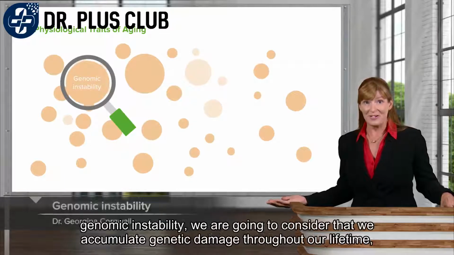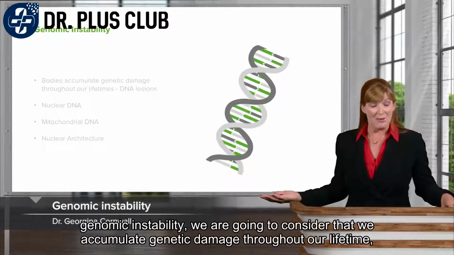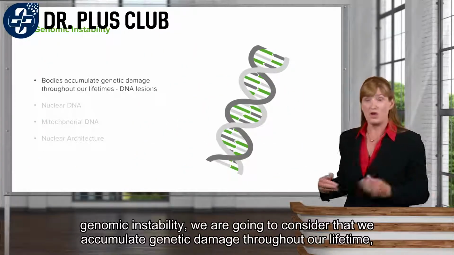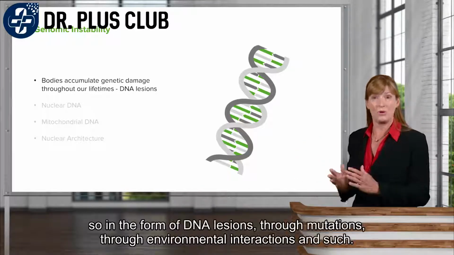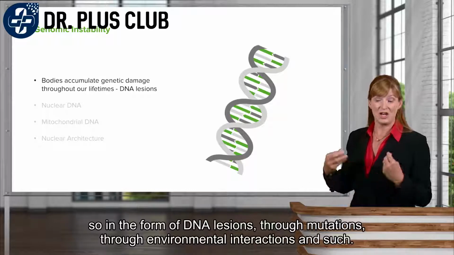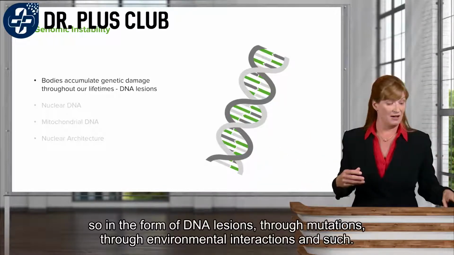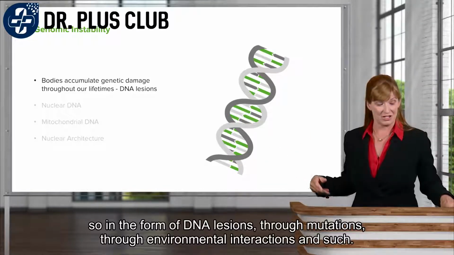When we consider genomic instability, we are going to consider that we accumulate genetic damage throughout our lifetimes, in the form of DNA lesions, through mutations, through environmental interactions and such.